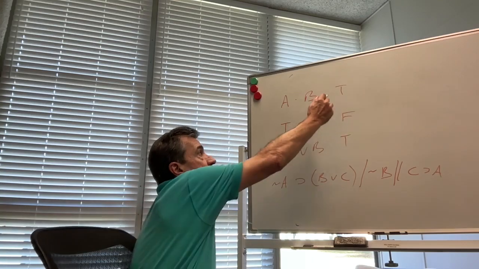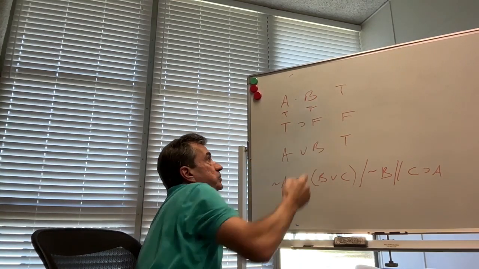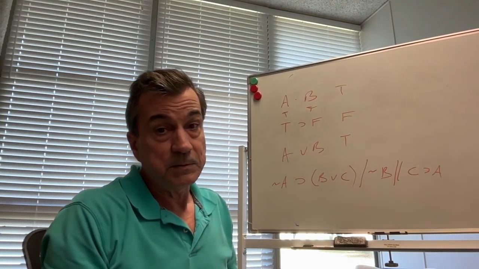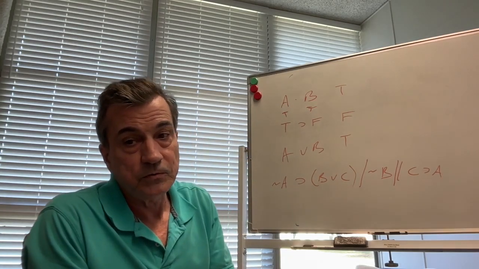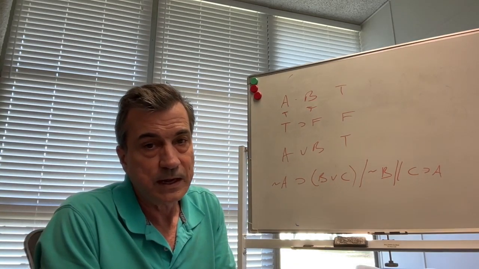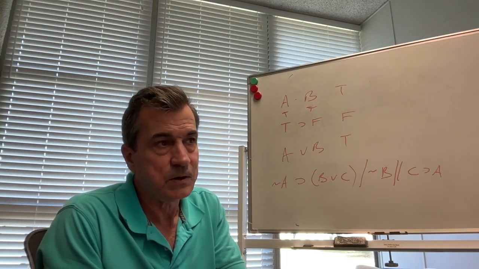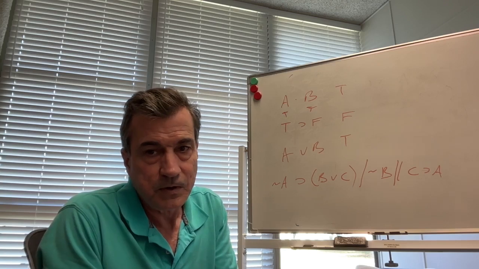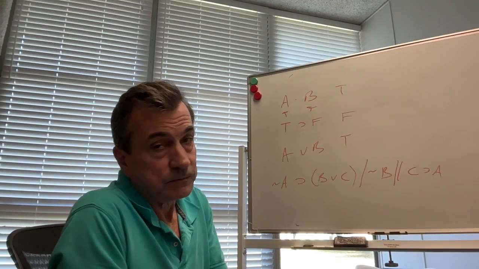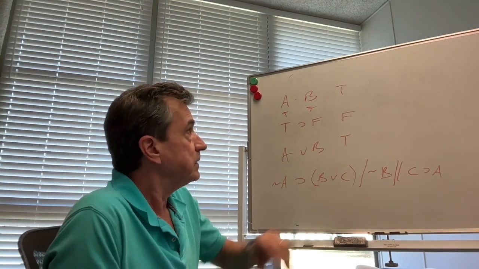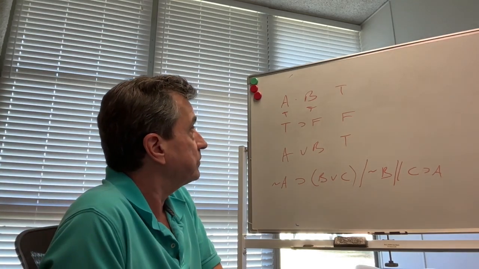So if that's going to end up being true, then both A and B have to be true. Now, if it needed to be false, then either A or B can be true or false. They just can't both be true. One has to be false. So you have a couple options there. So sometimes it takes a couple steps to find out whether you can turn something into an invalid argument or not, but this is one of the ways in which it works.